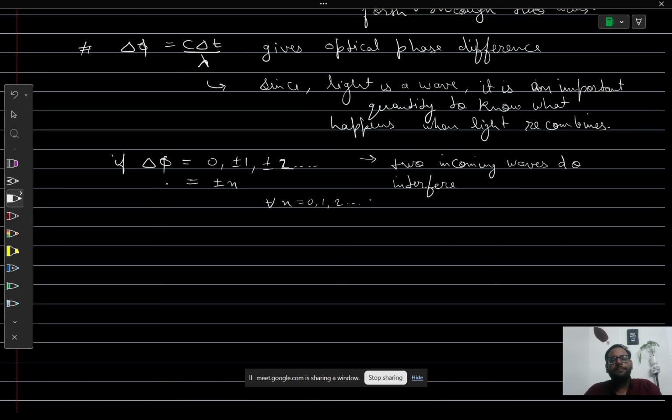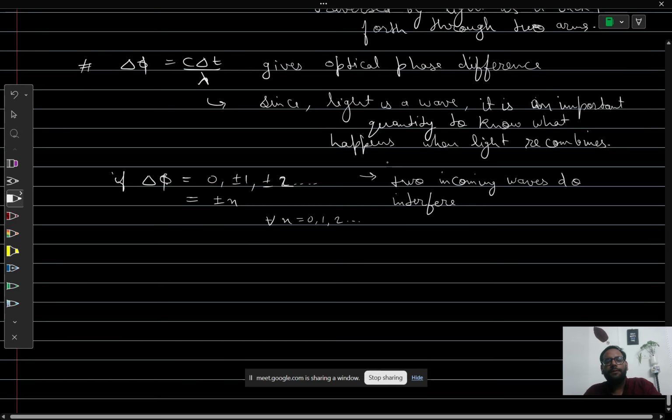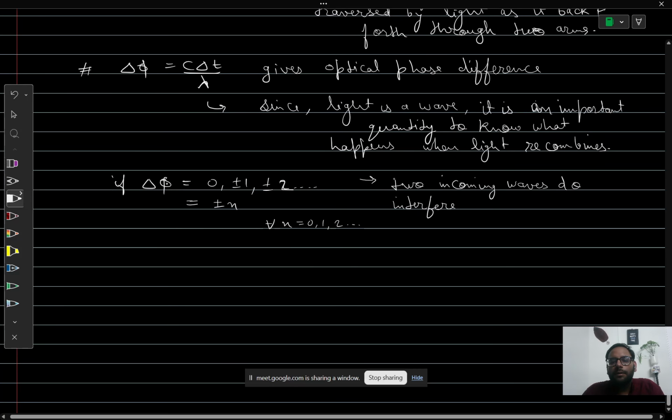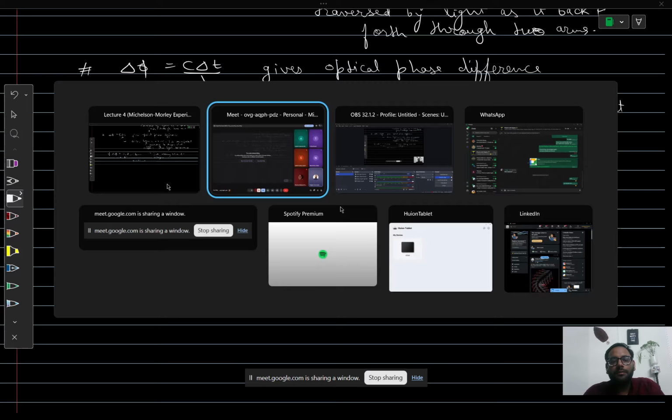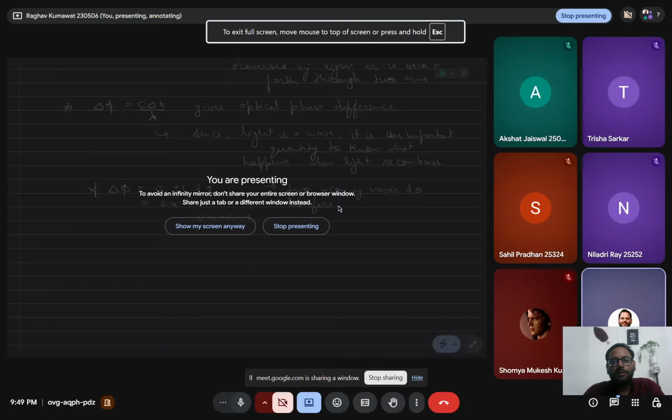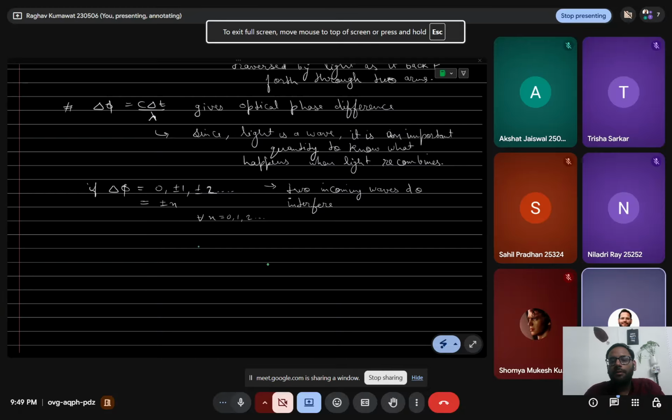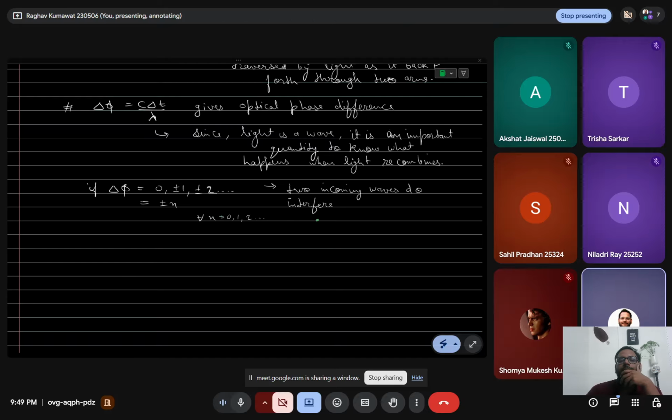Arpit, Trisha, how do two waves interfere if the phase difference is this? Does anybody know? You have studied in your 11th or 12th class, I guess.